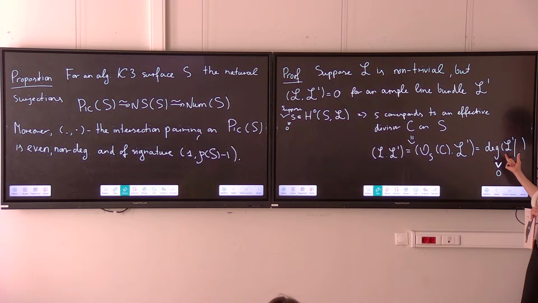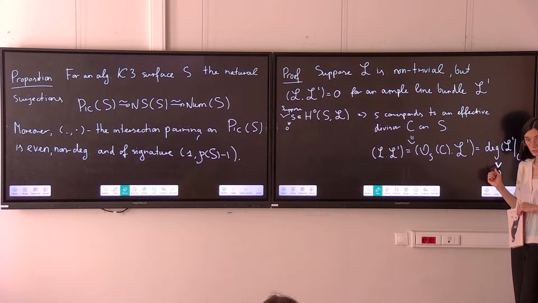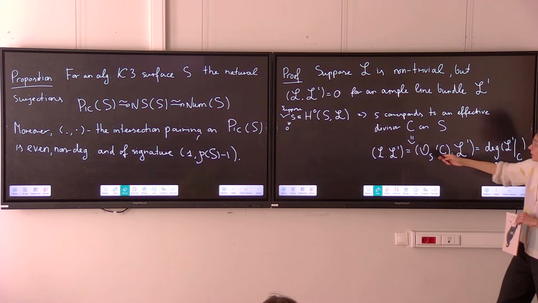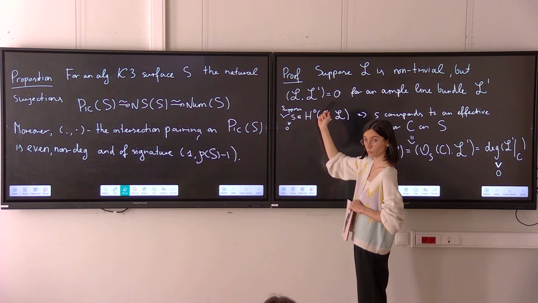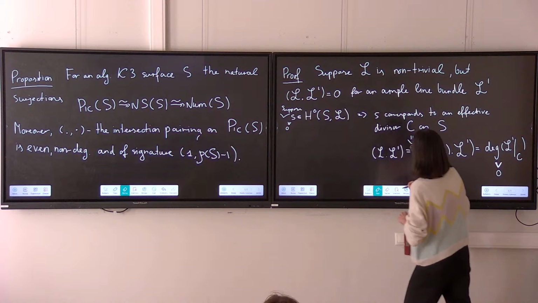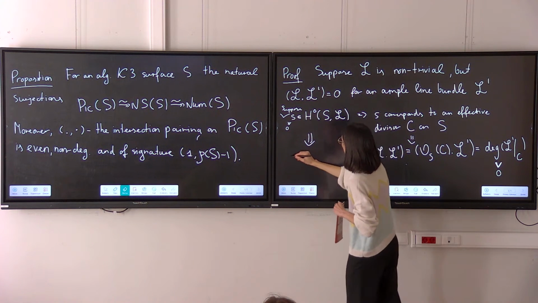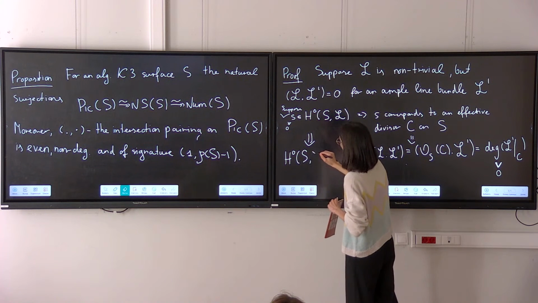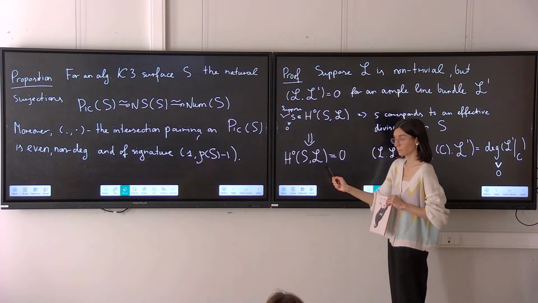Does everyone understand why, when we take an ample line bundle, this is greater than 0? Yes. And you see here we have this equation, we suppose that it's 0. So from this we obtain that there are no global sections of this line bundle L.